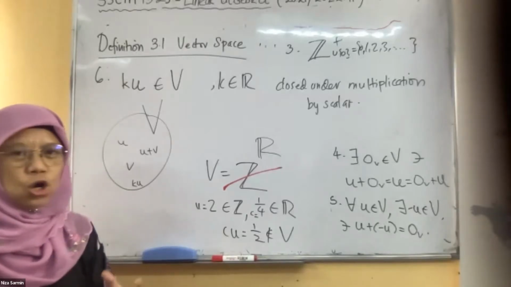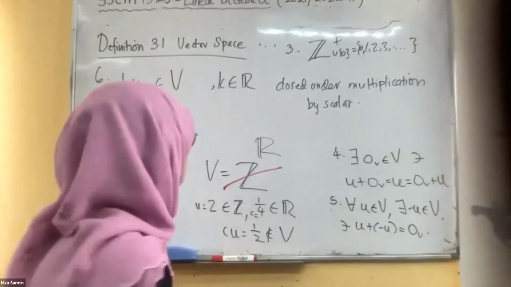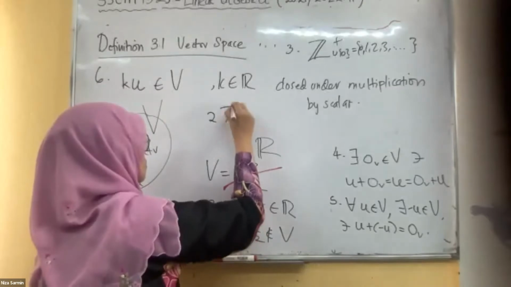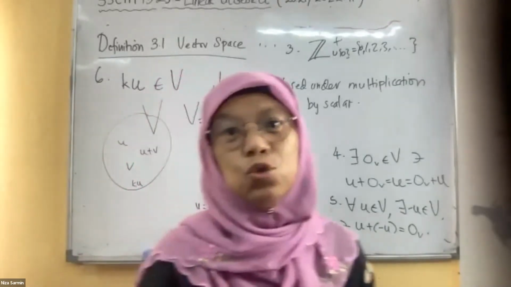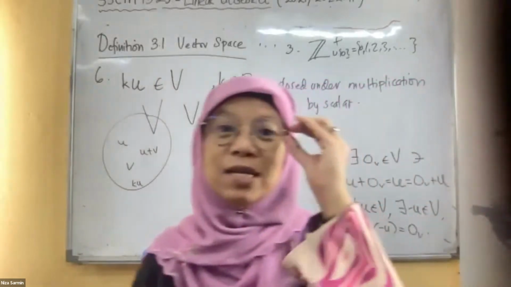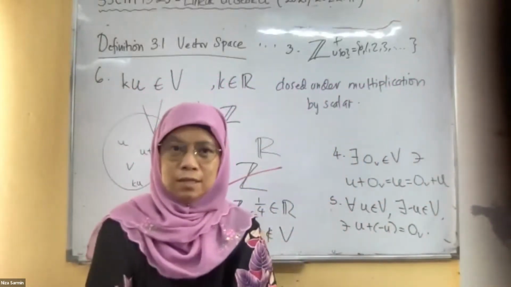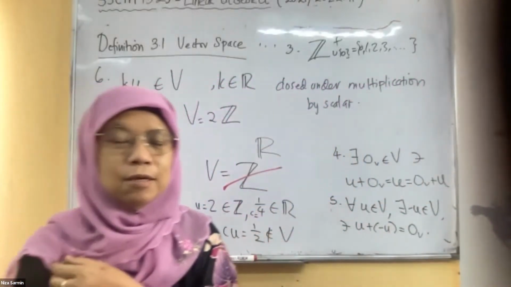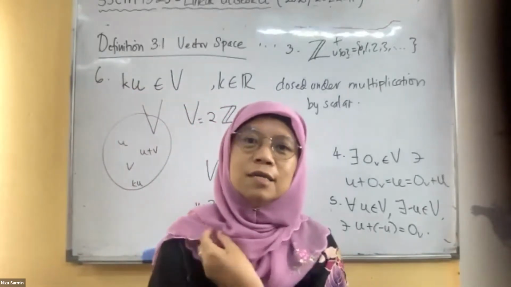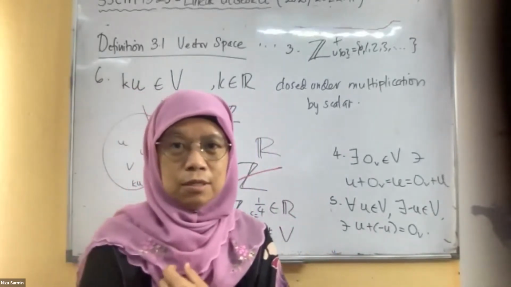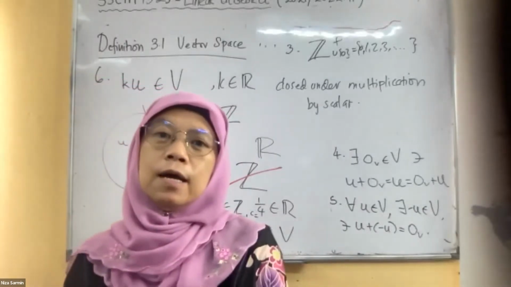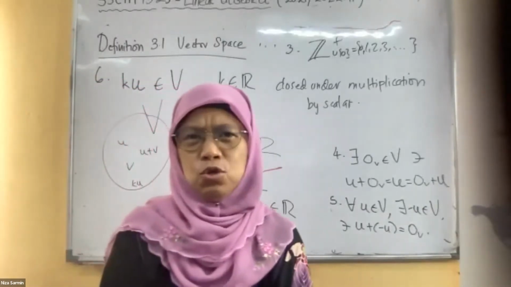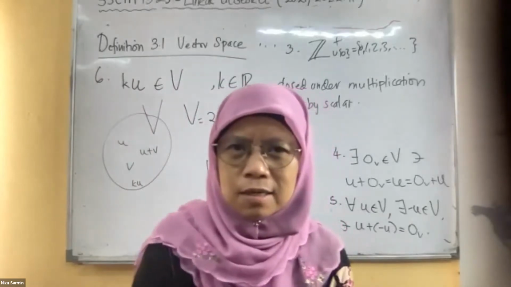Or if I say 2Z, if V is 2Z, even integers, yeah, even integers. Okay, it is closed under addition, because even plus even is even, right? u plus v is v plus u, because it's just numbers.